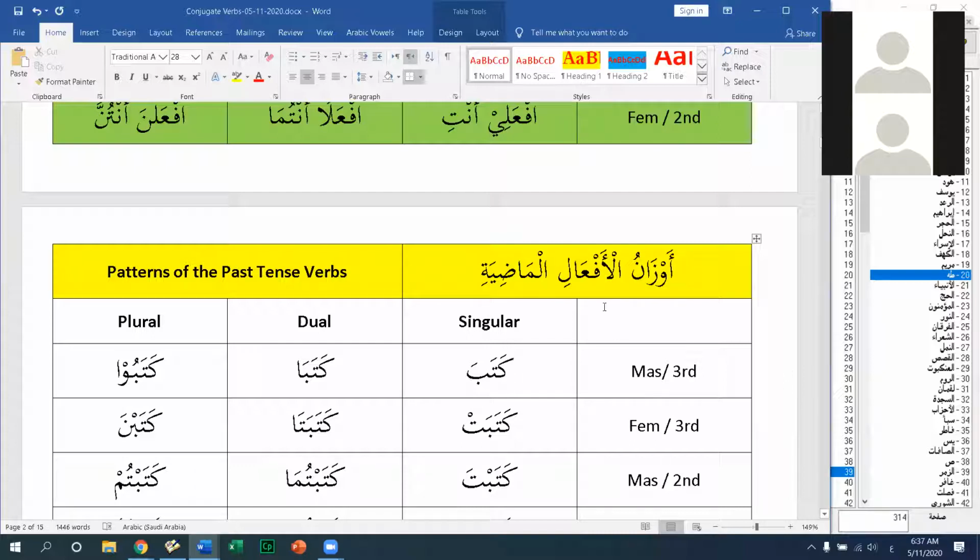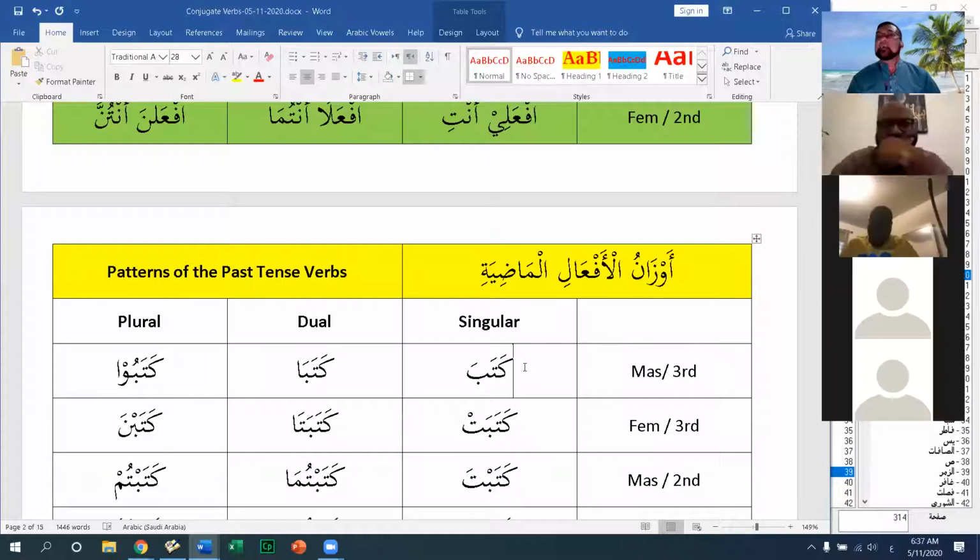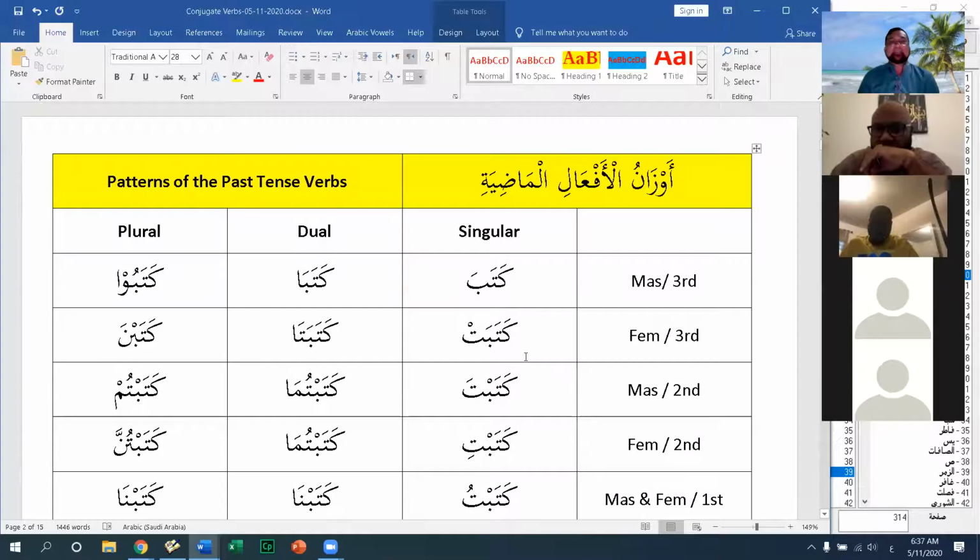You're welcome, Laila. Kataba, who would conjugate kataba? Huwa kataba. Okay, let me do this one. I'll do kataba for you.